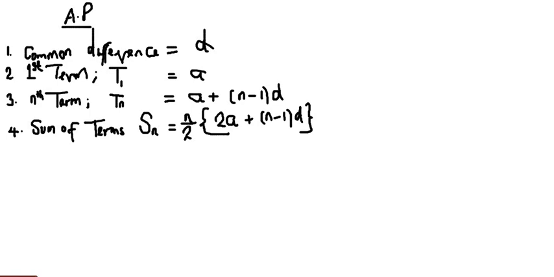Now, what exactly is arithmetic progression? This is a type of sequence in which consecutive terms differ by a constant, or there is a common difference between consecutive terms. When you subtract any consecutive terms of an arithmetic progression, you get the same difference.